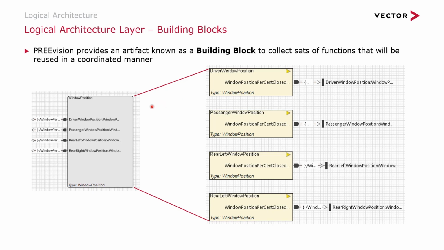It's less going on the diagram, but if you double click on the building block, you'll see actually what's inside of it. So this is a way to simplify what's on your diagrams and also to promote reuse of things.